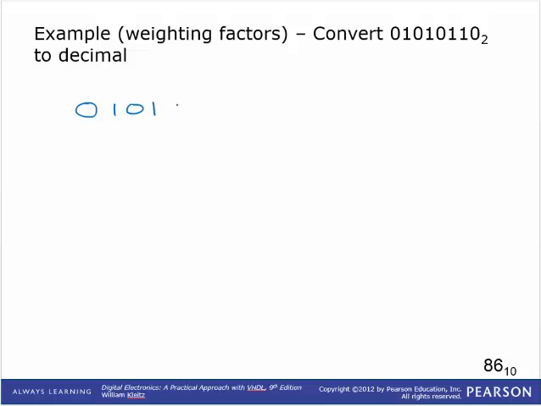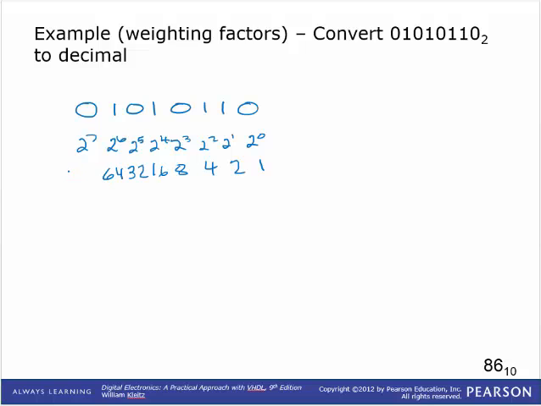0, 1, 0, 1, 1, 0. So this is the 2 to the 0th place, 2 to the 1, 2 to the 2, 2 to the 3, 2 to the 4, 2 to the 5, 2 to the 6, 2 to the 7th, which is 1, 2, 4, 8, 16, 32, 64, and 128.